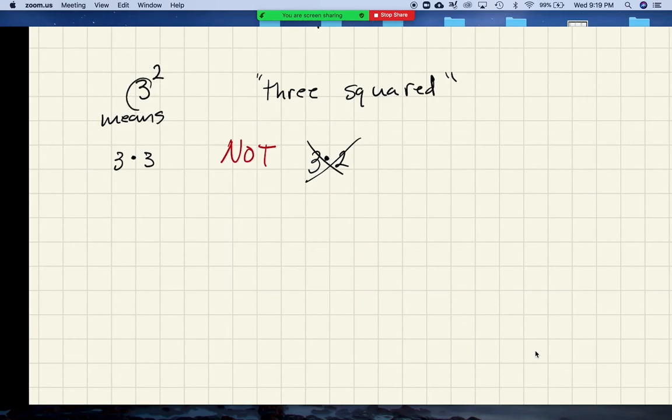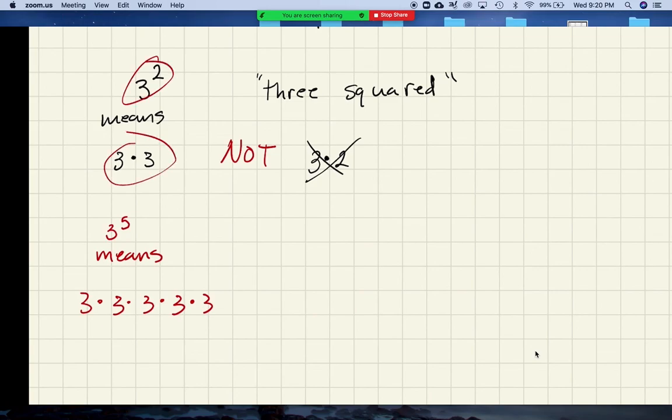It means this one times itself this many times. So if you had like 3 to the 5, that means 3 times 3 times 3 times 3 times 3. Five times. That's just the notation.